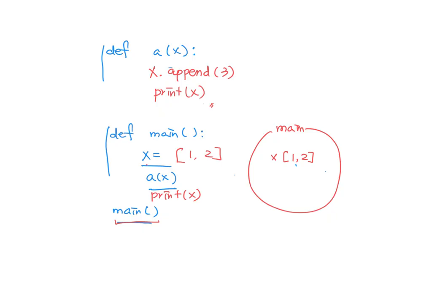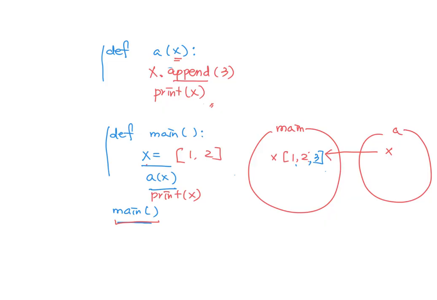When a of x is called, the namespace for a is created, and this parameter x receives the actual address of this list of 1 and 2. So when I call append with the value 3, then this 3 is appended to the list, and that list is the list defined in the main function.